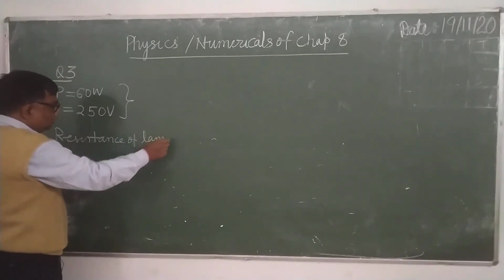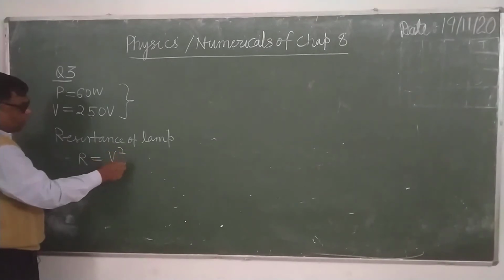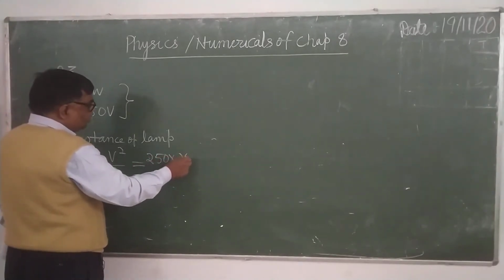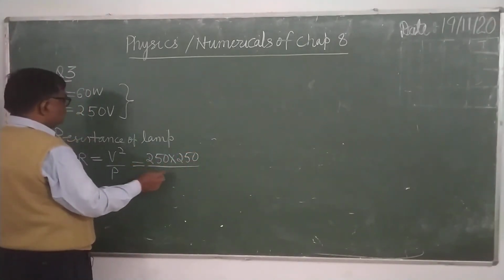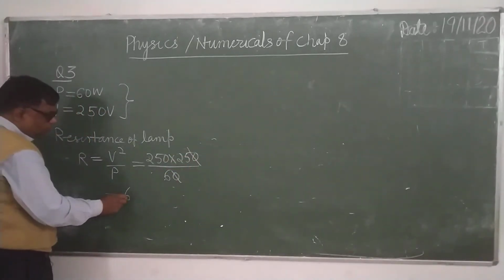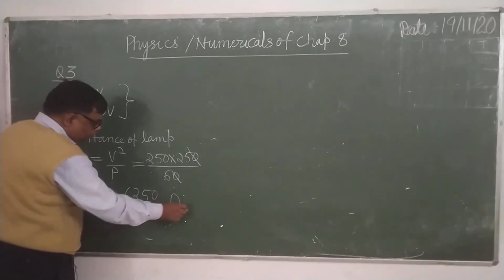So see here, what is the formula? R equals V square upon P. What is V here? 250 into 250 upon P is 60. So this is equal to 6250 upon 6 ohm.